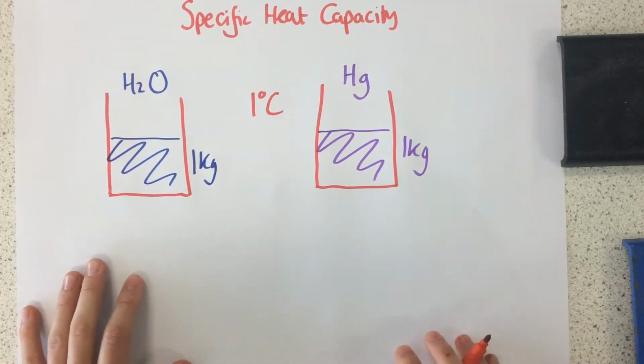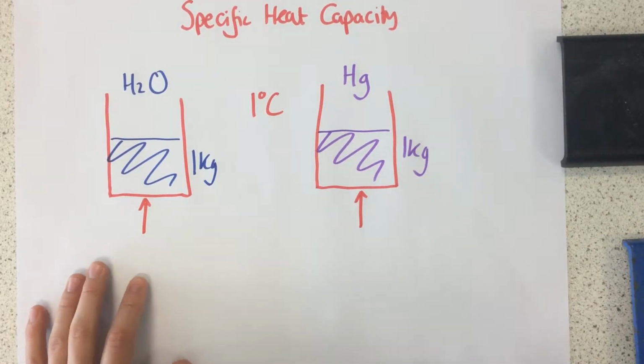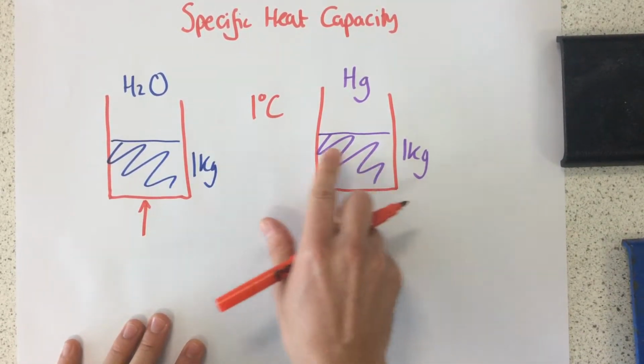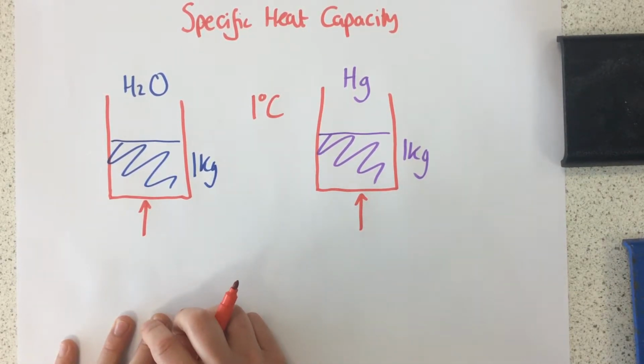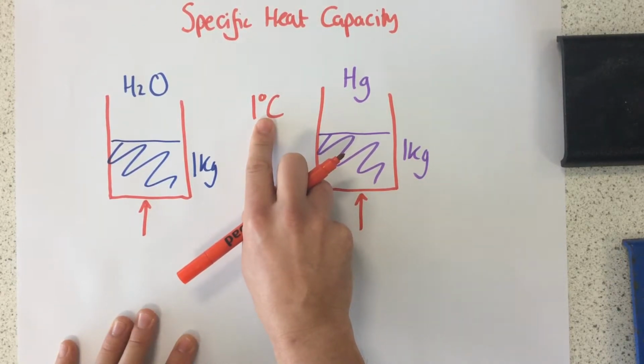Now what that means is this. Let's say I'm applying thermal energy to both of these, so I'm heating both of these up. Because these substances are different from each other, they're going to take a different amount of thermal energy in order to raise the temperature by 1 degree Celsius.